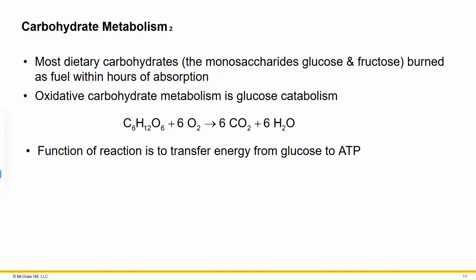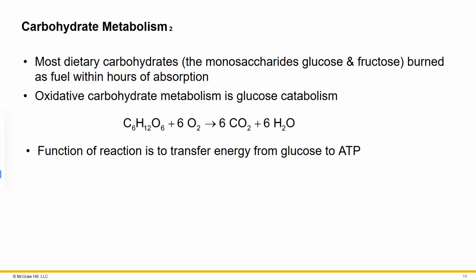And that's going to cause this gradient to move this pump known as the proton motive force. And as those hydrogens flow through, it provides enough energy to add a phosphate to ADP to create ATP.